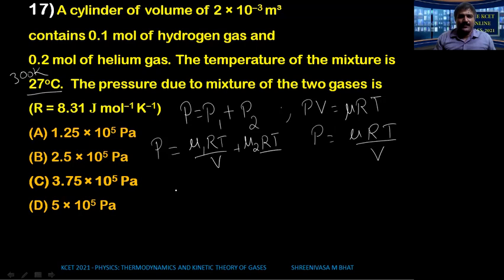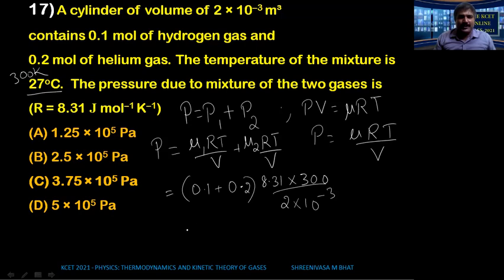Then substituting the values, it is bracket mu1 plus mu2, where mu1 is 0.1 mole plus mu2 is 0.2 mole of helium, then RT by V, with R as 8.31 into temperature 300, given as 27 in Kelvin, upon volume 2 into 10 power minus 3.